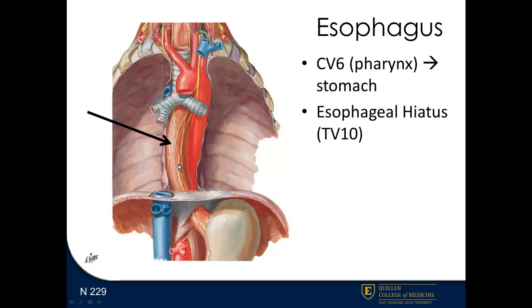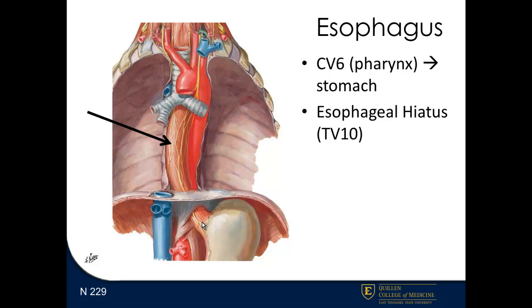The right will be moving posteriorly. They'll travel on the esophagus all the way to the diaphragm to eventually pass through the esophageal hiatus, and then the left vagus will become the anterior vagal trunk, while the right vagus becomes the posterior vagal trunk.